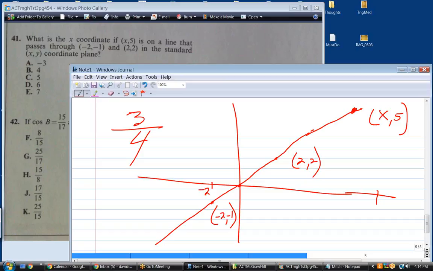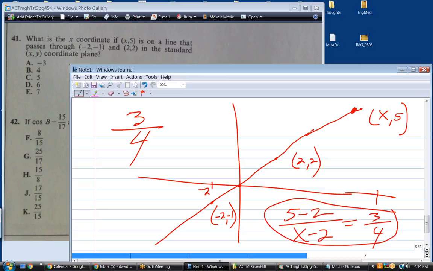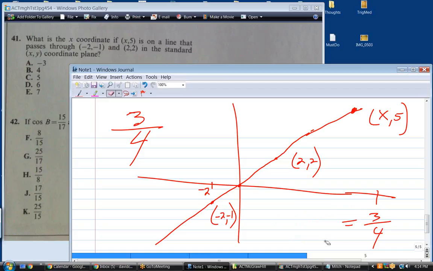I just went up 3 from 2, 2. That's actually the brilliant way to do it. I was doing it the hard way. Yeah, what I was going to say was that 5 minus 2 divided by x minus 2 had to be equal to 3/4. And now we can solve for x.